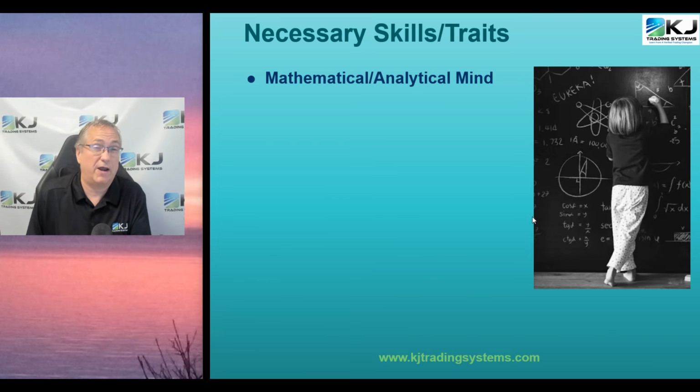So maybe artists or writers, more that type thinking. Now, it doesn't mean that right brain thinkers can't do it, and it doesn't mean that if you're a left brain mathematical thinker that you'll be successful, but it certainly helps if you're kind of along those lines.